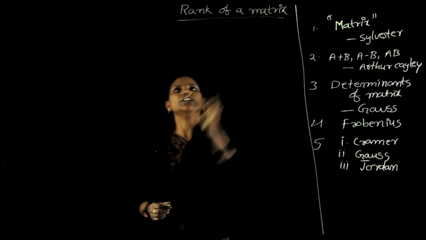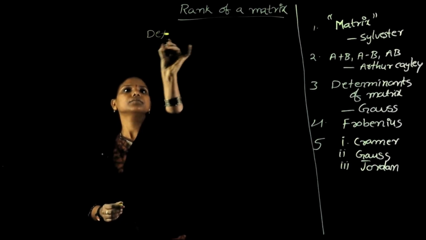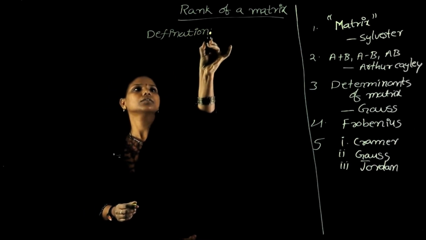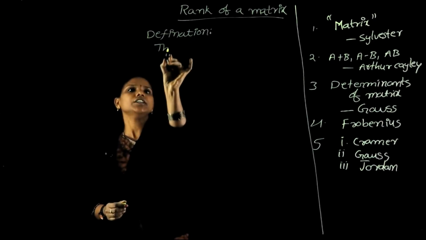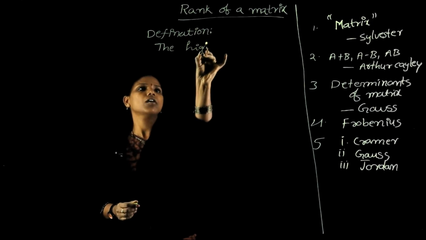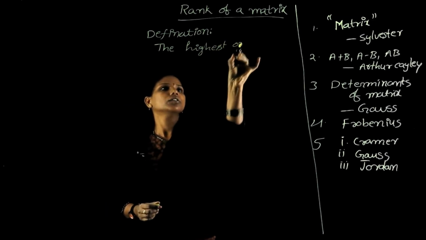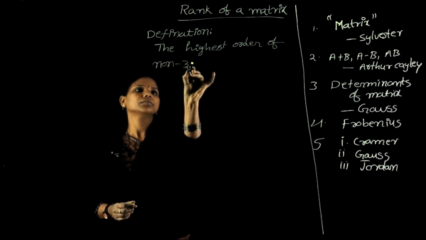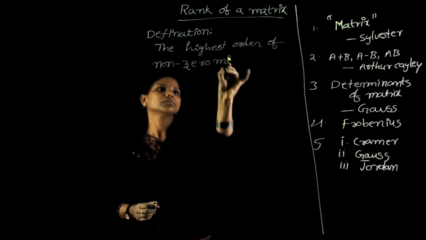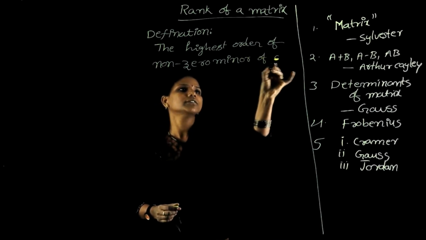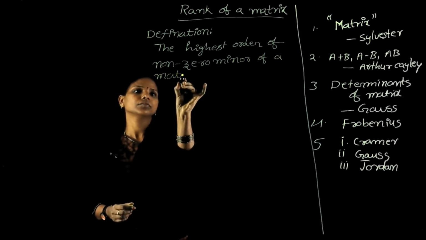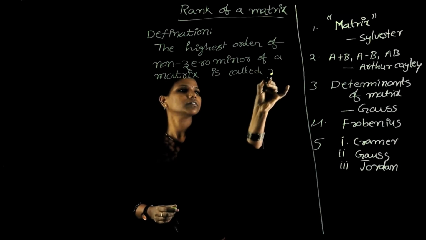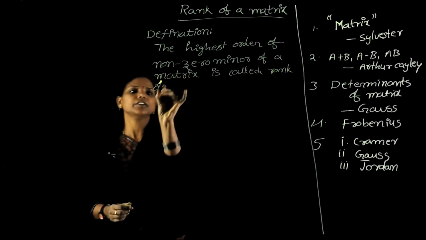Let me explain the definition of rank of a matrix. The formal definition is: the highest order of non-zero minor of a matrix is called rank of a matrix.